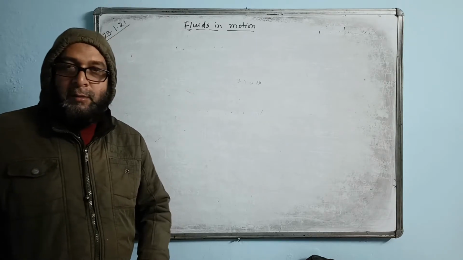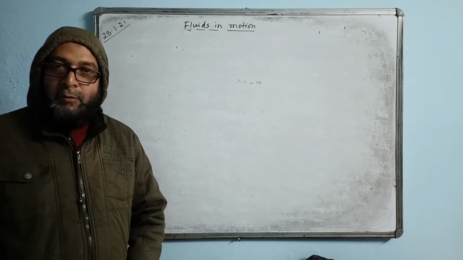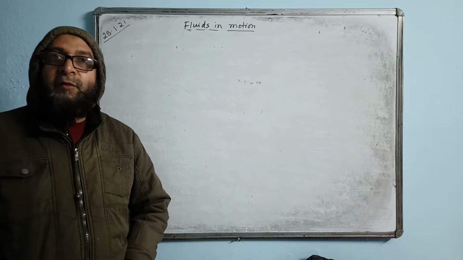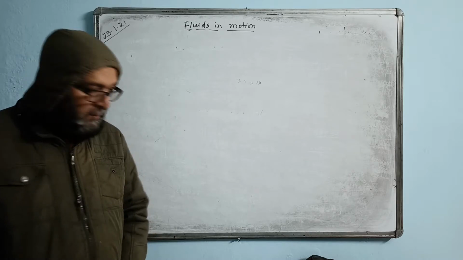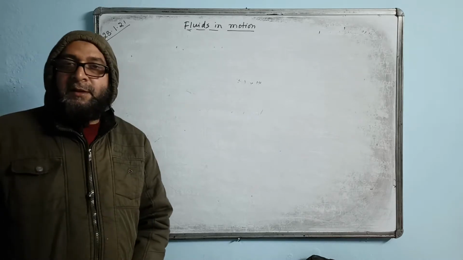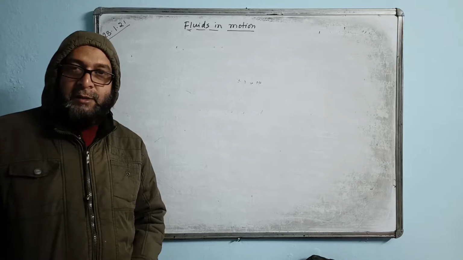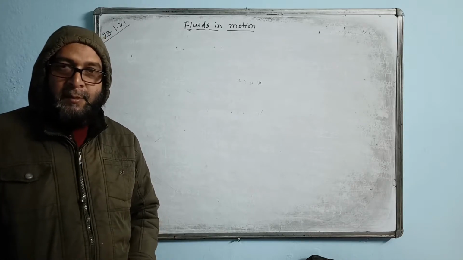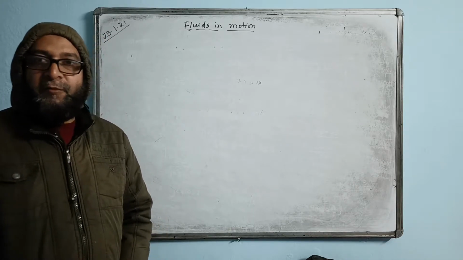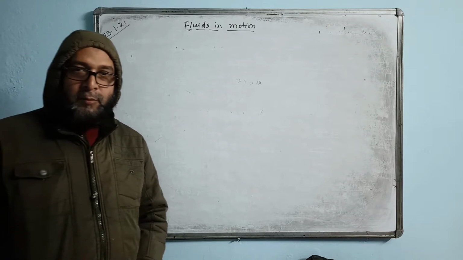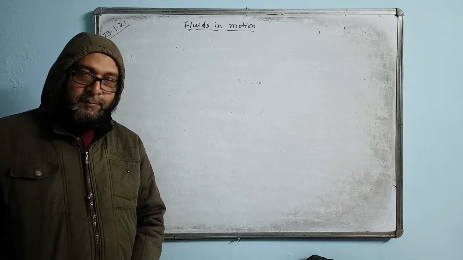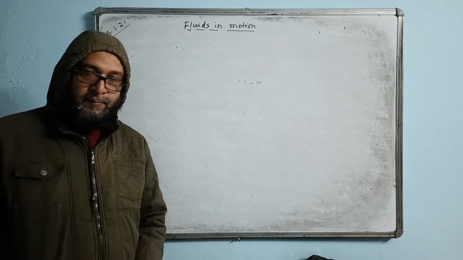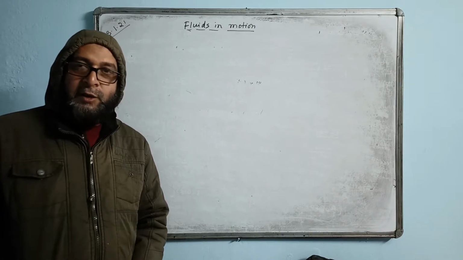Water flows through a hole situated 5 meter below water level as shown in the diagram.